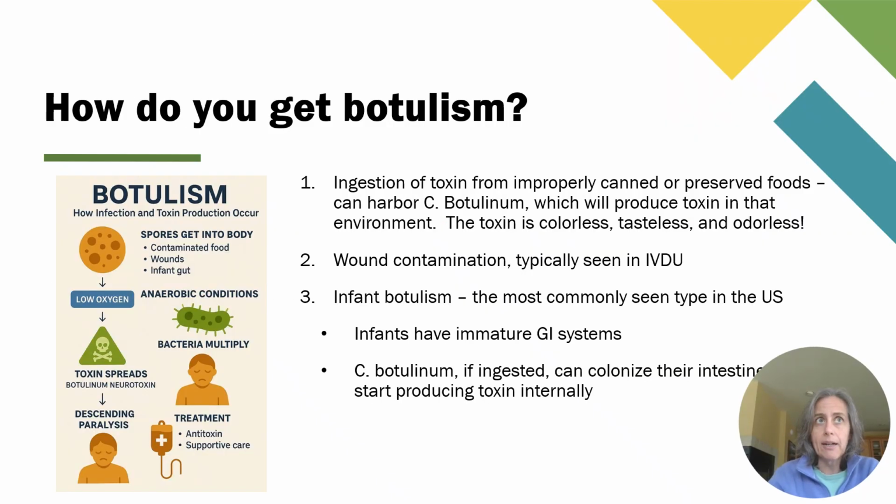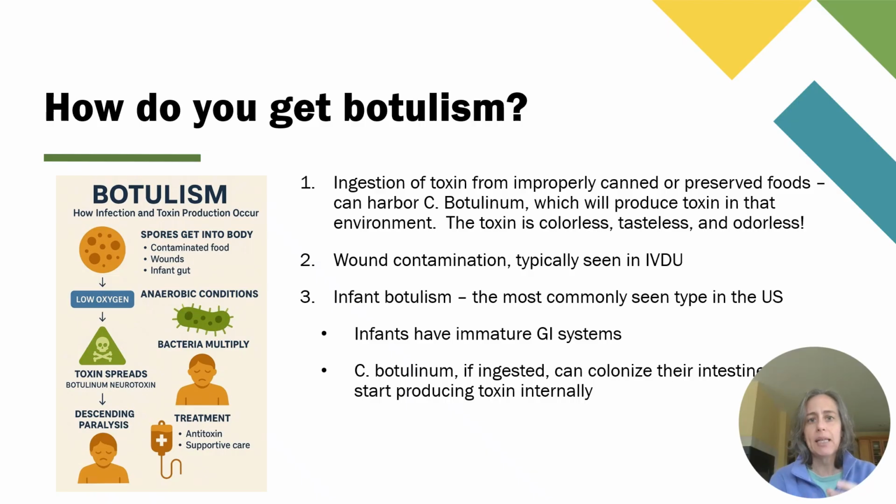So how does somebody actually get botulism? There are three main ways. One is if you eat improperly canned or preserved foods. Sometimes this bacterium is just in the food. It isn't easily killed by standard cooking measures. That's why if you're canning, you have to follow very specific and precise instructions to make it safe.